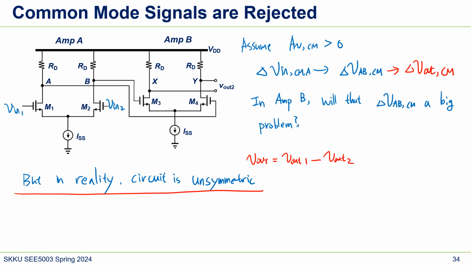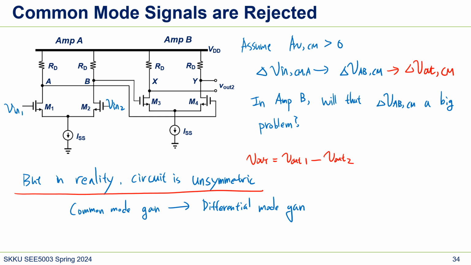That means if we have a common mode gain, that can become a differential mode input. So this means that common mode gain will transfer to differential mode gain, right? Because of the asymmetry.